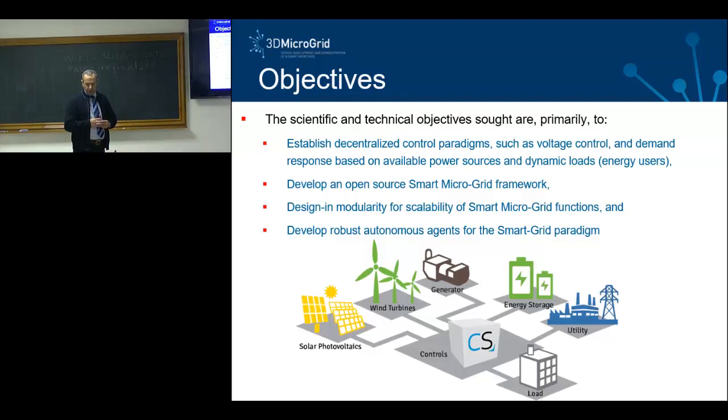Design modularity and scalability of smart microgrid functions and develop robust autonomous agents for the smart grid paradigm. So maybe some of you are familiar with autonomous entities, complex adaptive systems that you can introduce and put in to control elements and nodes of the power system.